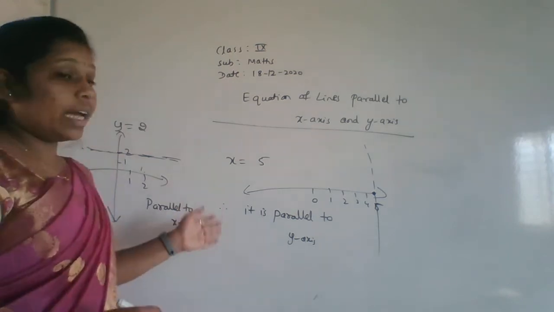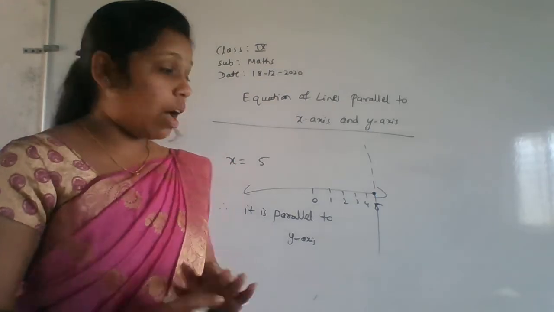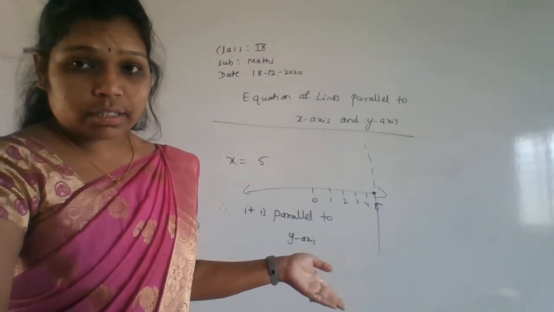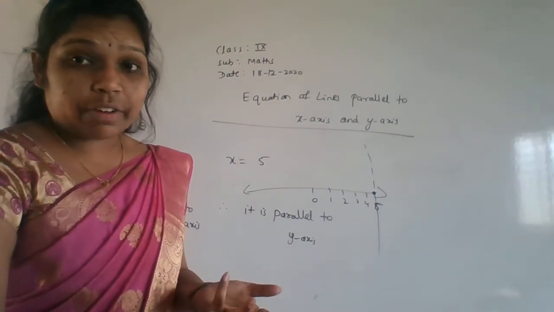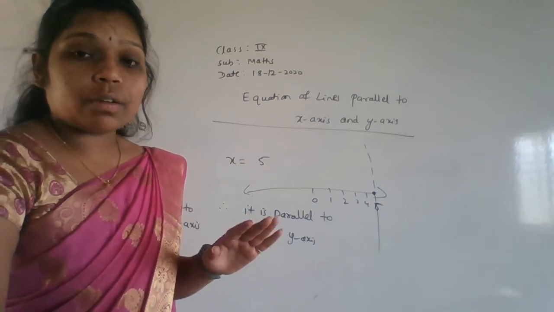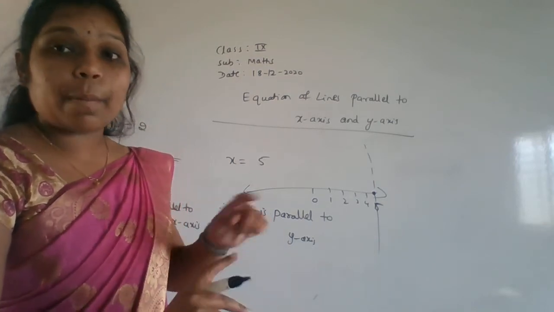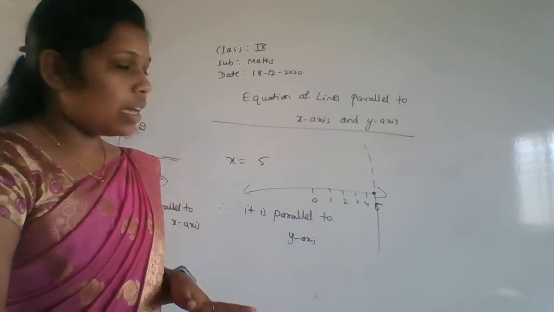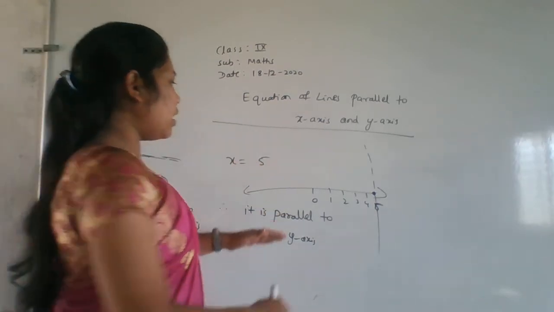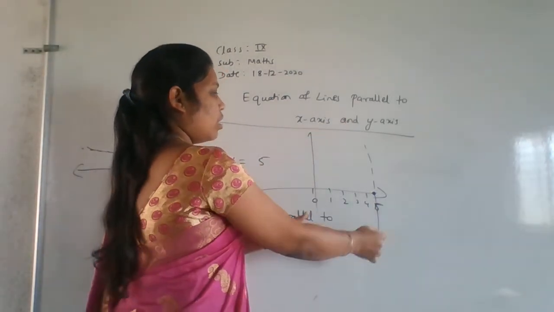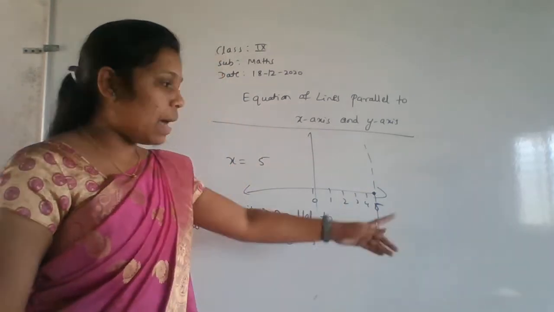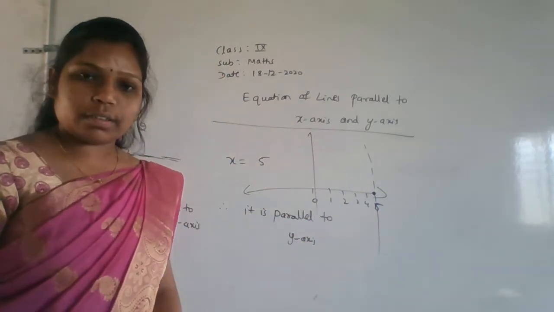If it is x is equal to, then it is always parallel to the y axis. If the equation has a y value, then it is always parallel to the x axis. Opposite, it will be parallel. These are the parallel lines.